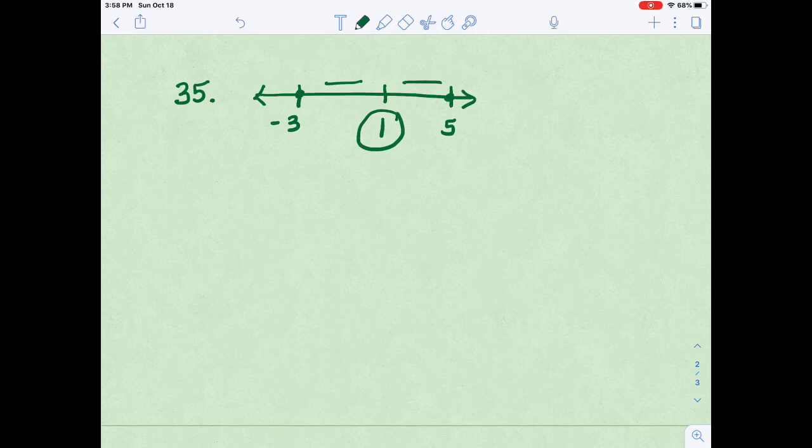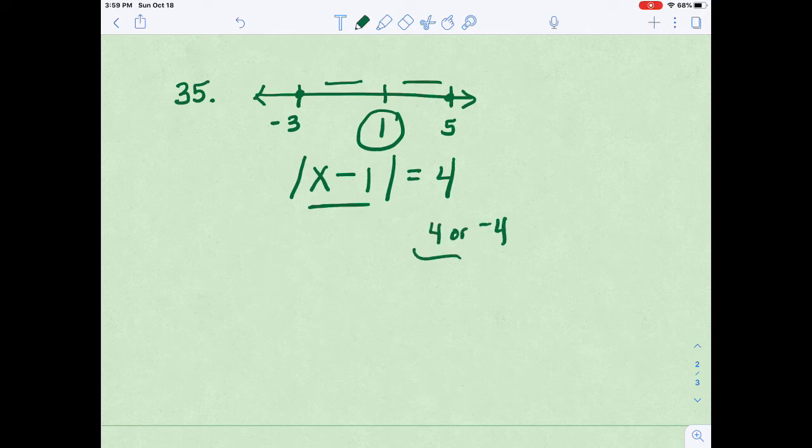And so how to set up this problem is I'm going to say that I have the absolute value of a number minus 1, and that's going to equal 4 spaces. The task was to write an equation involving absolute value for this graph. And so here, what I'm saying is the absolute value of something is going to be 4. It's either going to be 4 or -4, right?